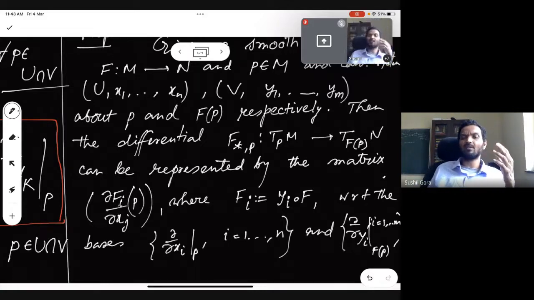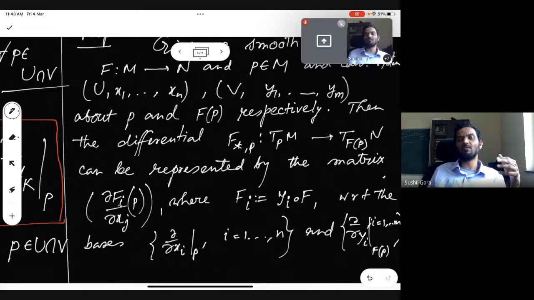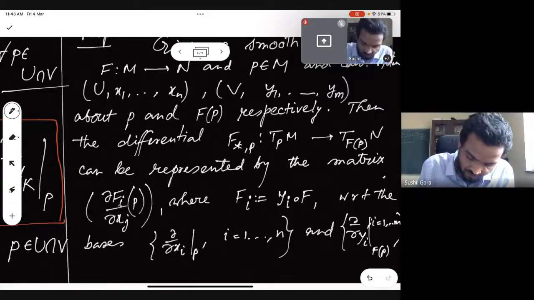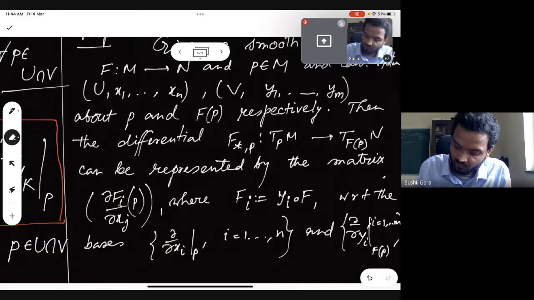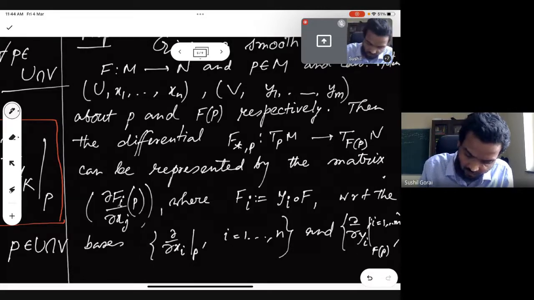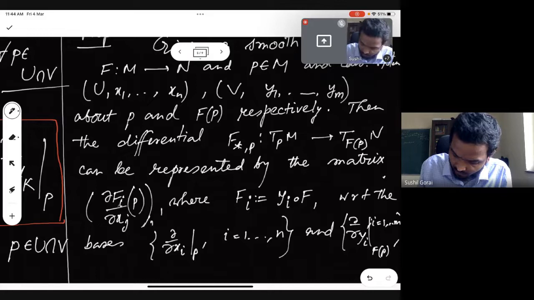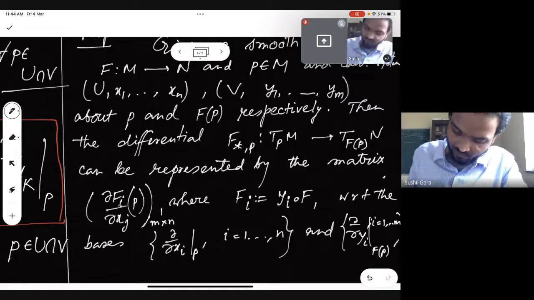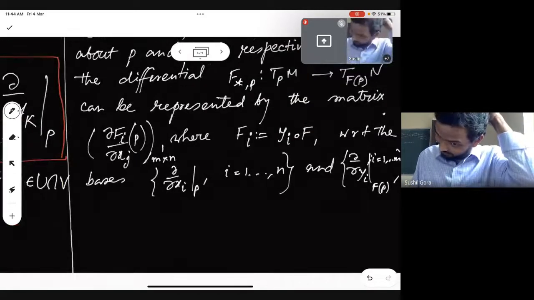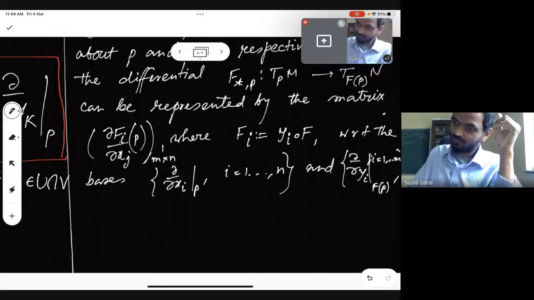So to get a matrix representation, you need to specify a basis on both sides, and we have specified them. What would be the order of the matrix? This is m by n, just as in the case of R^n. The question is how do we prove this.